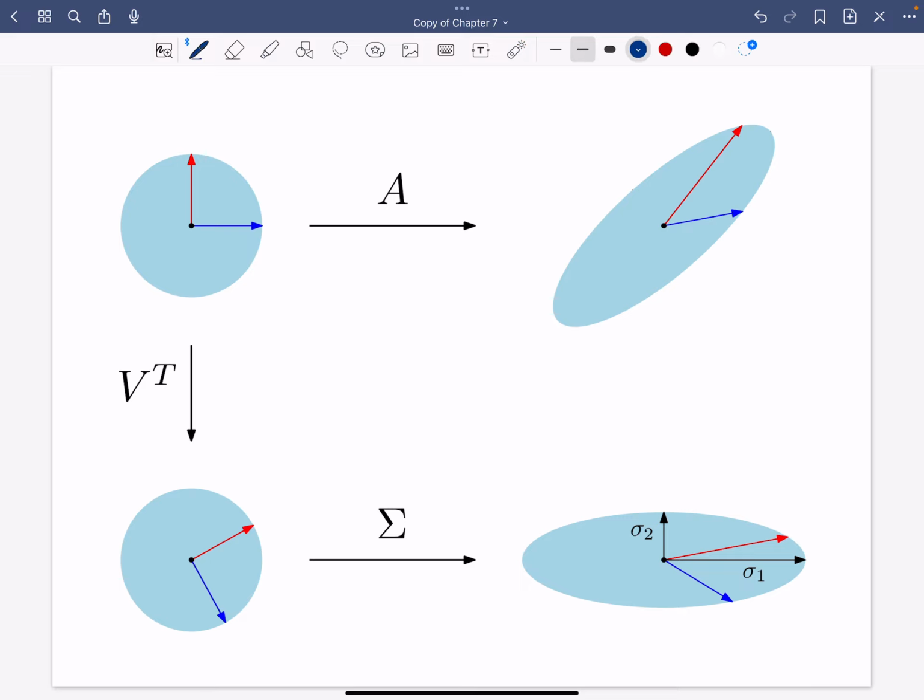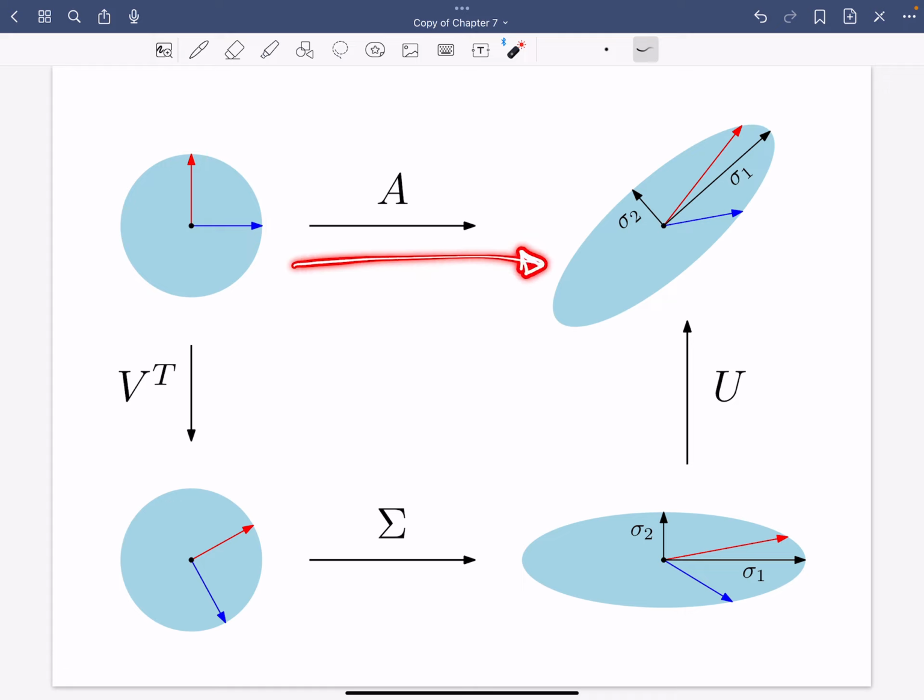And looking back at our decomposition one more time, the last step now is multiplication by U, and since U is another orthogonal matrix, it's going to preserve angles and preserve lengths of vectors and things like that. So it's just going to look like a rotation. Okay? And so this map, or this function determined by A, can really be split up into 3 functions, where each of these functions has a nice specific form.